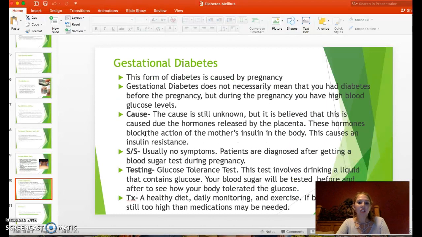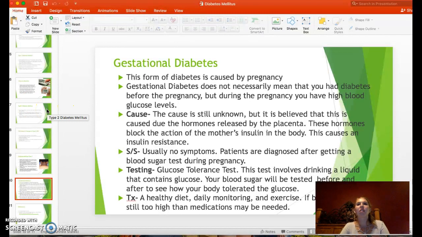So gestational diabetes is caused by pregnancy. It doesn't necessarily mean that you had diabetes before you were pregnant, but during the pregnancy you were diagnosed with very high blood glucose levels. The cause is still not for sure according to the American Diabetes Association, I believe.